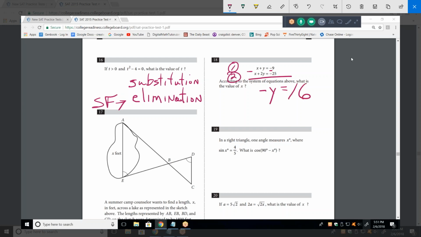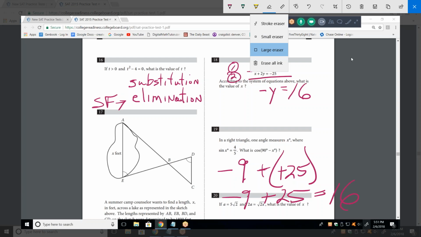In other words, what we have is minus 9 minus a minus 25. Now these two minus signs become a plus, and we really have minus 9 plus 25, which is plus 16. Okay? So what's y? If minus y is 16, what's y?